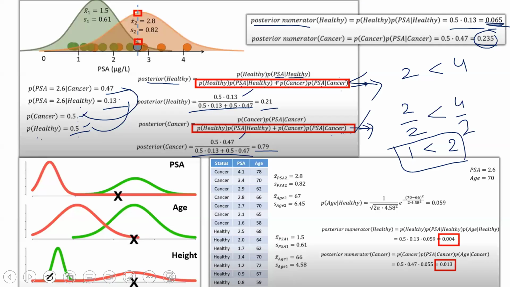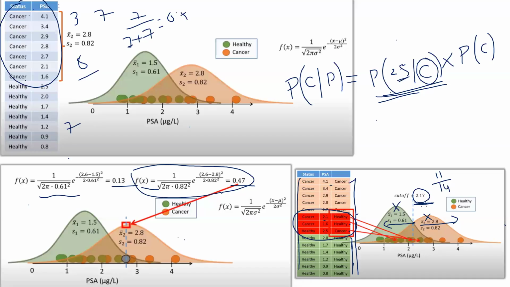We then multiplied them to get the posterior probabilities. We ignored the denominators. Okay, and now I have one dimension here, we have just PSA.